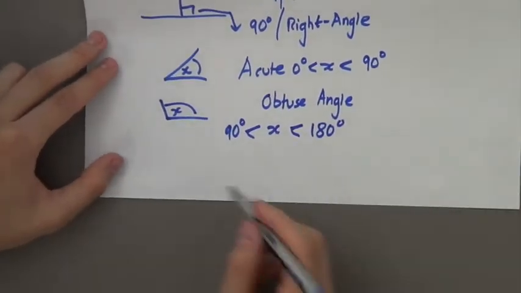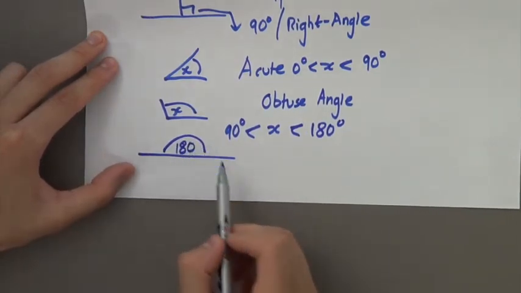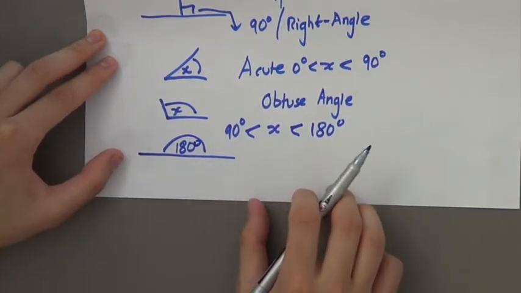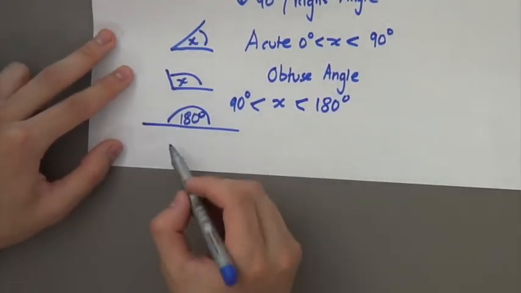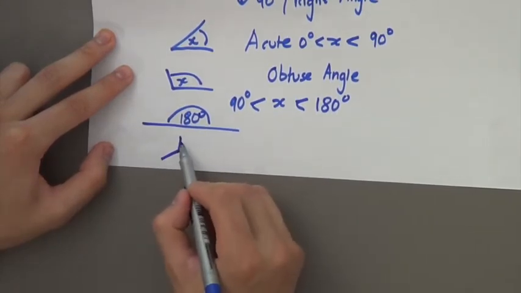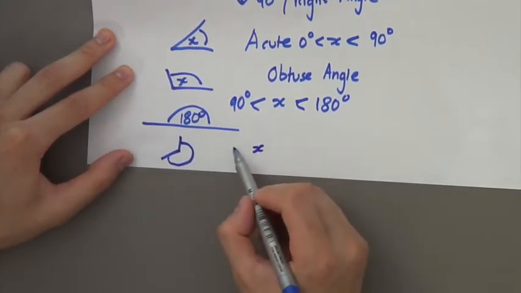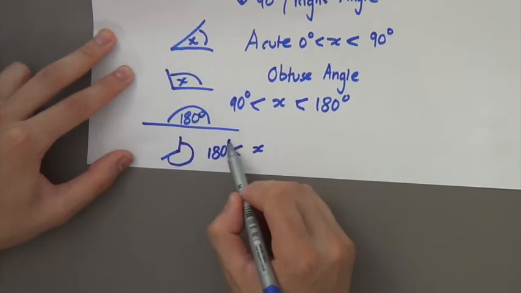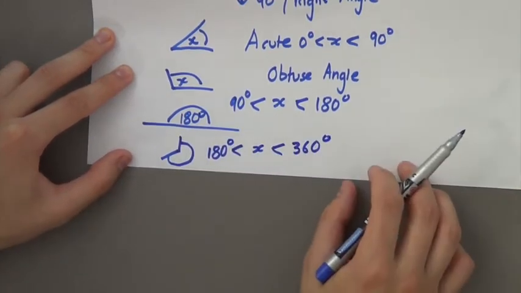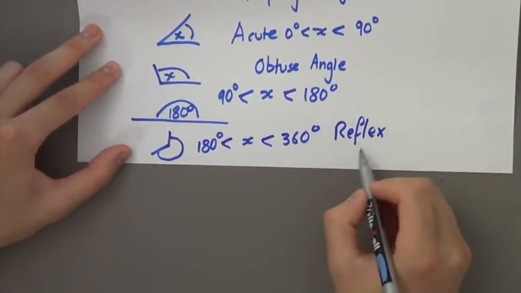Okay? Now, if I have a straight line, the angle on that line is 180 degrees. Okay? Which leaves us with the last and final definition of a possible angle, which is this. What is this angle? This angle is greater than 180 degrees, but it is less than 360 degrees. And this is what we call a reflex angle.